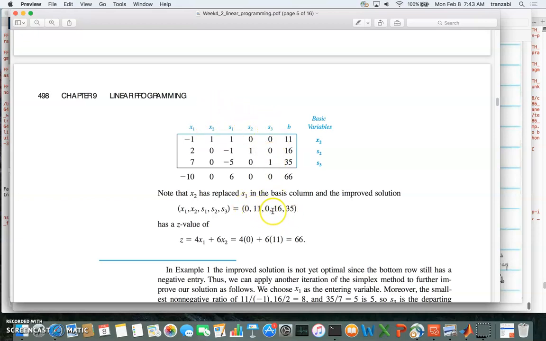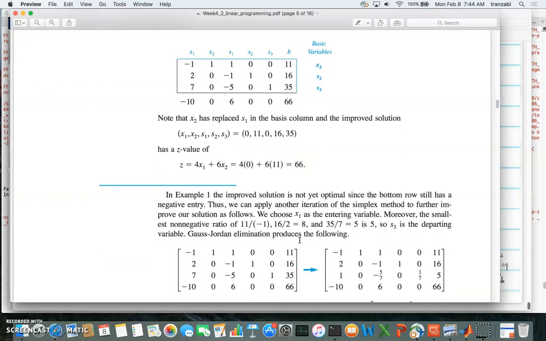Then you can plug these into the last row to get z, which is the objective function. Basically you get 66. It's clear even without doing any calculations, because x1 equals 0 and s1 equals 0, so these two are gone. The other ones have 0 coefficients, so z is going to be 66 anyway.